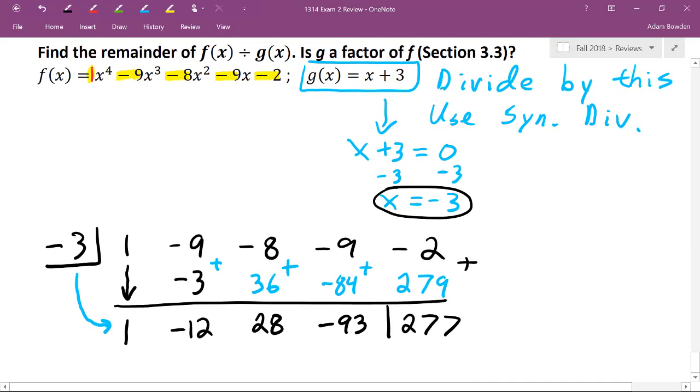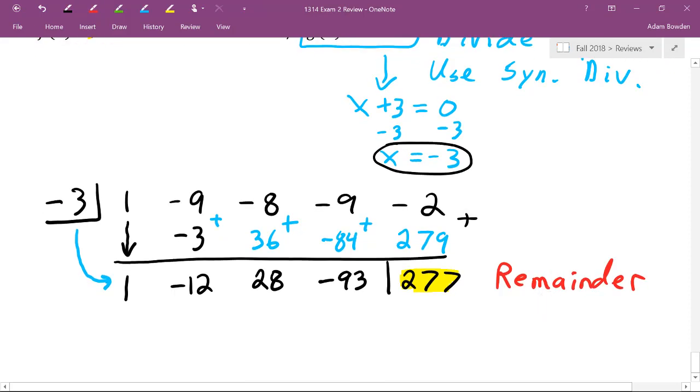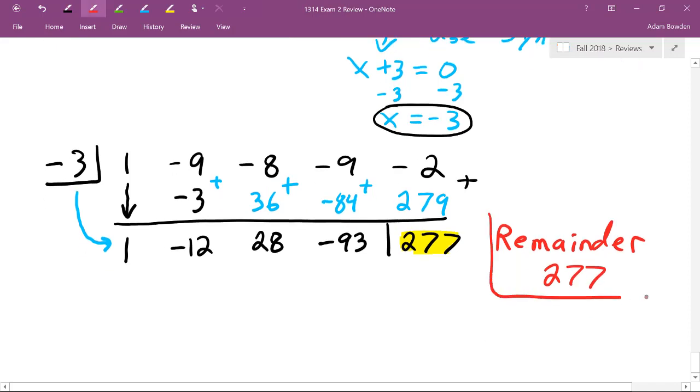Now it asks us for the remainder. The remainder is the very last number from our synthetic division. So the answer to the question, what is the remainder? Well, that's 277. Now the question, is it a factor?